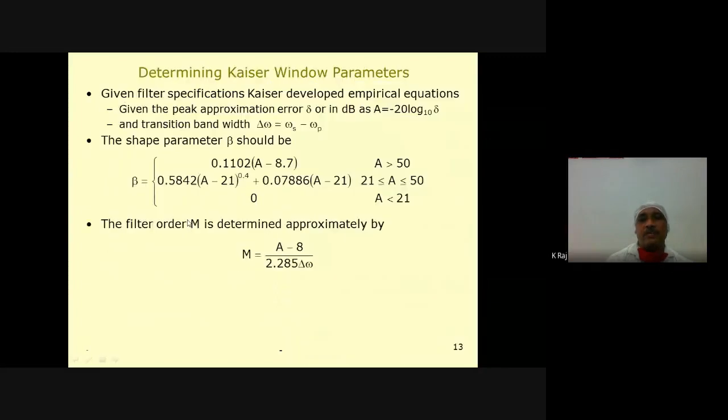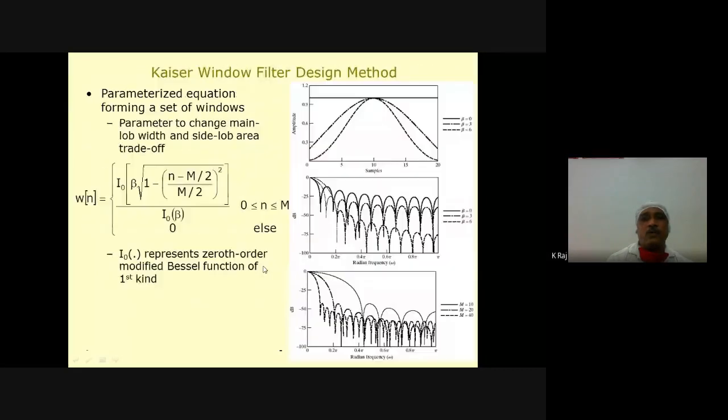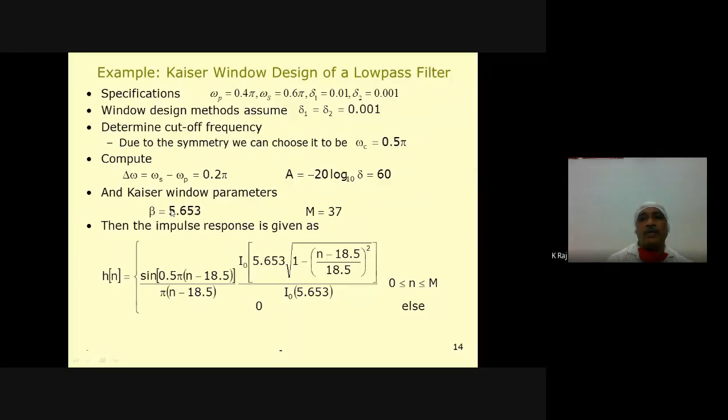So we will describe w[n] by the same formula, that is I naught, multiplied by beta, putting in the value of beta and the values of n and M as described in the formula, and we will get this equation. So this is the h[n] that describes the impulse response of a filter that is designed using the Kaiser window.